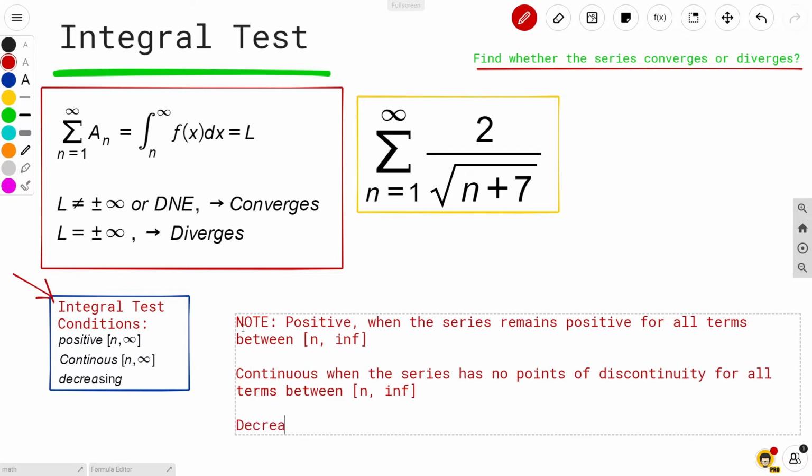And it's decreasing when the first derivative is negative. So we test for decreasingness just by simply taking the first derivative.